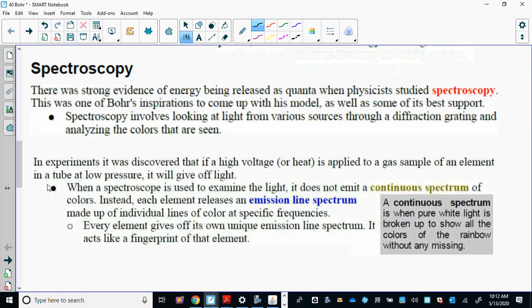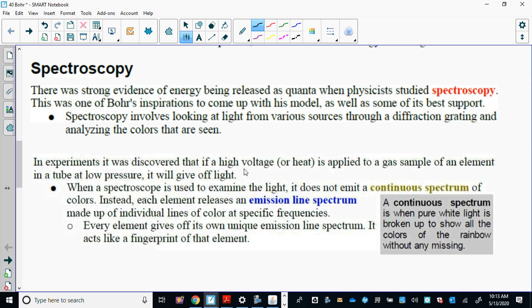And then we have this really interesting concept of spectroscopy. There was strong evidence of energy being released as quanta when physicists studied spectroscopy. Very hard word to pronounce. So what Bohr did here was he was looking at light sources through a diffraction grating and analyzing what colors he had seen.